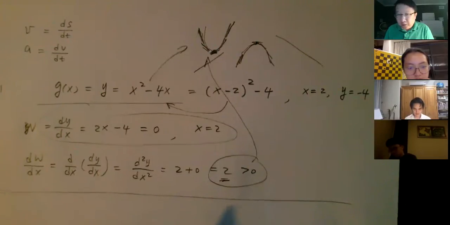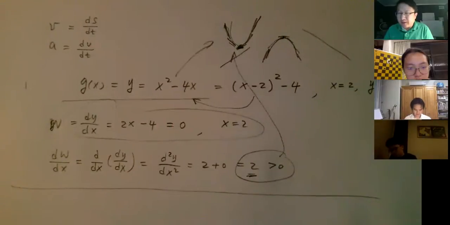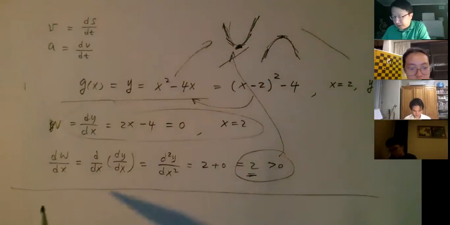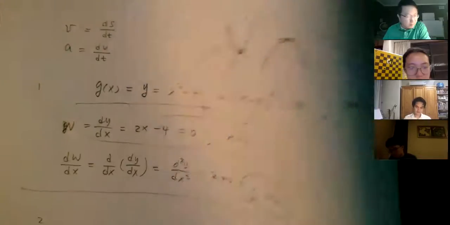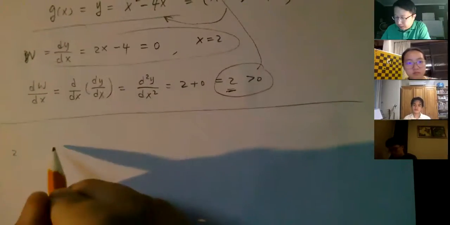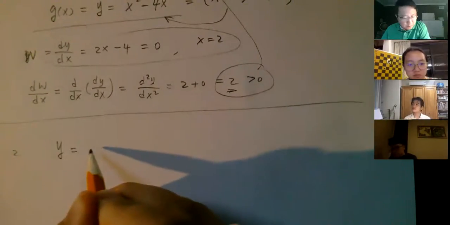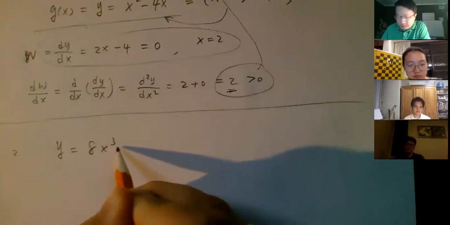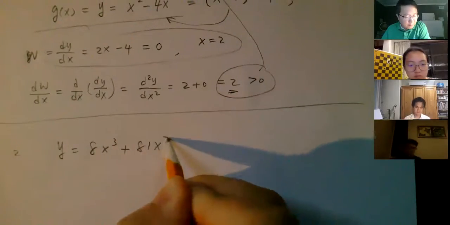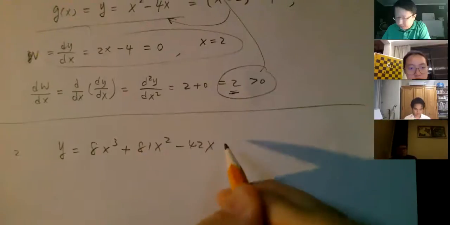So if you just look at this case, you are saying, wow, I think my algebra knowledge is good enough, I can do it as quickly as you can with derivative. So why do we need a derivative? If that's the case, I can convince you with another example. How about, let's say, y equals, you can write anything, plus 81x squared minus 42x minus 8.